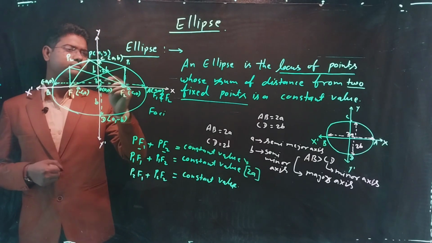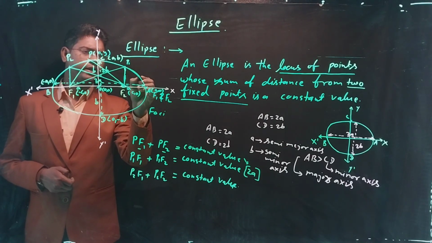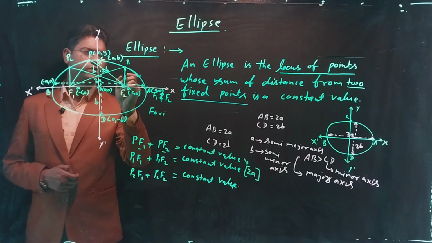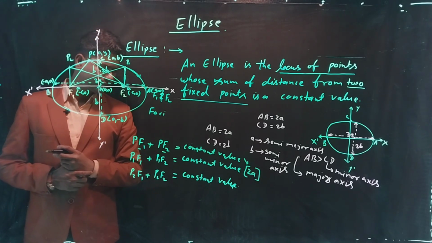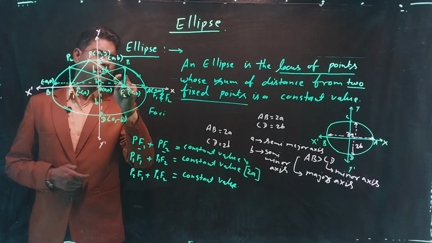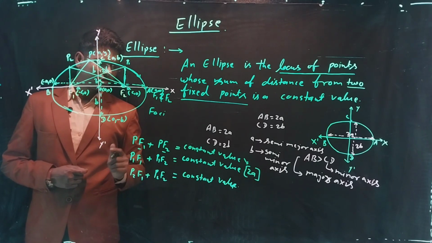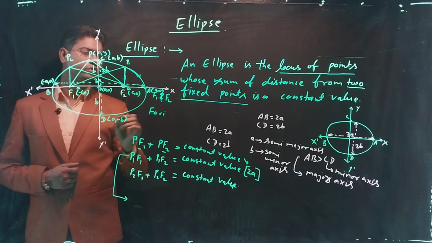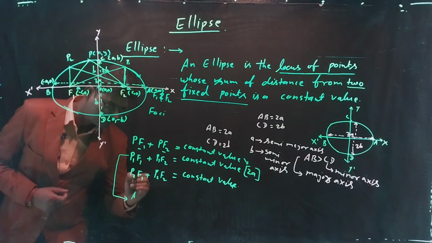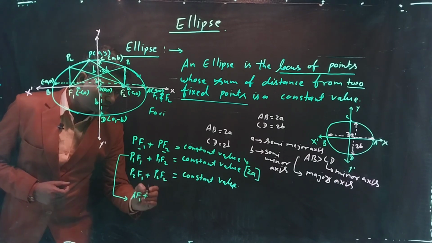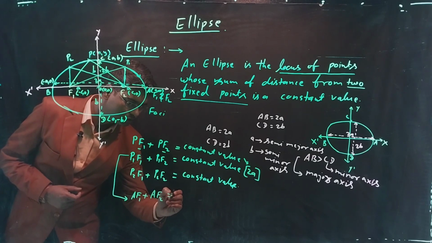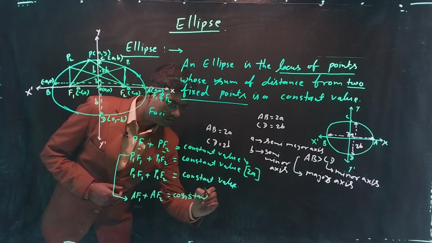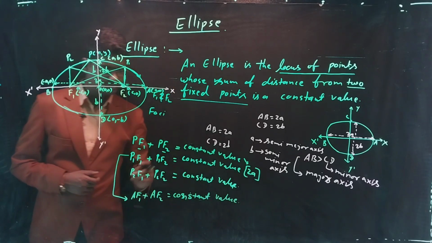Students, let this P1 move like this, and after some time P1 is on the point A. Then in place of P1 we can write A. Then AF1 plus AF2 is equal to a constant value.